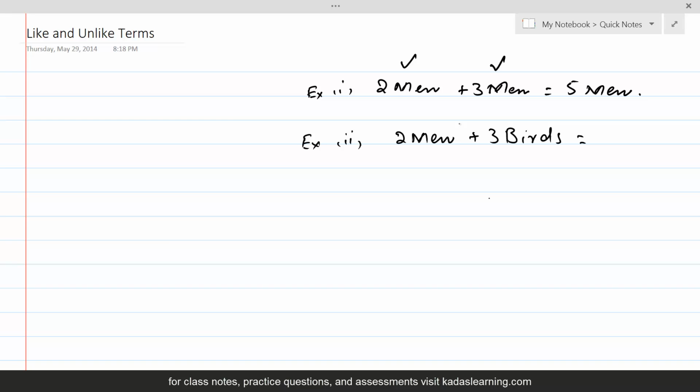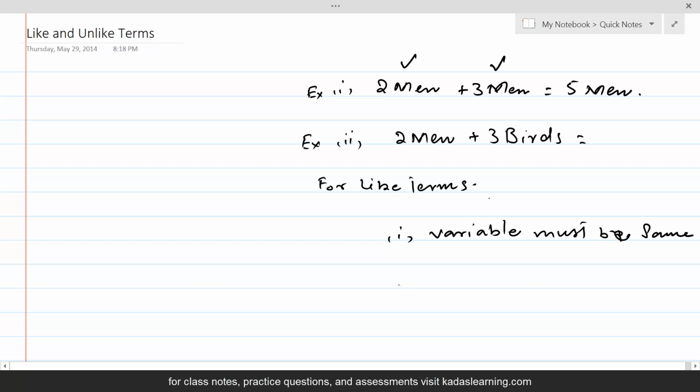So in deciding which terms are like and which are not like, we got to take a look at two things. So for like terms, number 1, variable must be same.